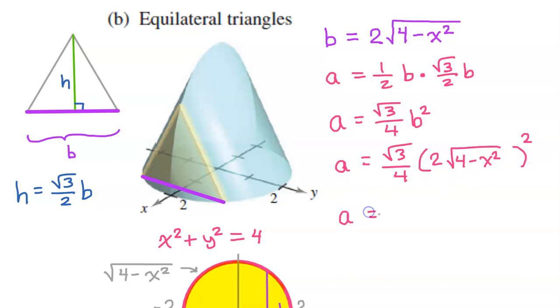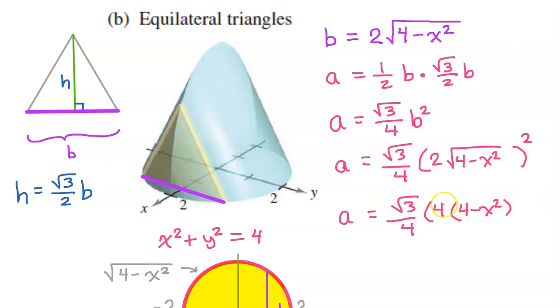Let's keep going. So I have my square root of 3 over 4. If I square the 2, I get 4. If I square the radical, it goes away, and I just have 4 minus x squared.